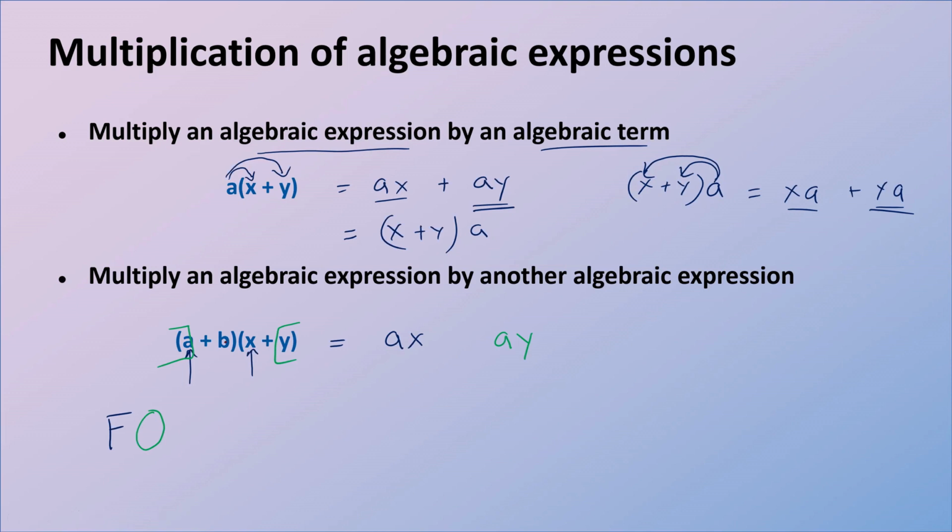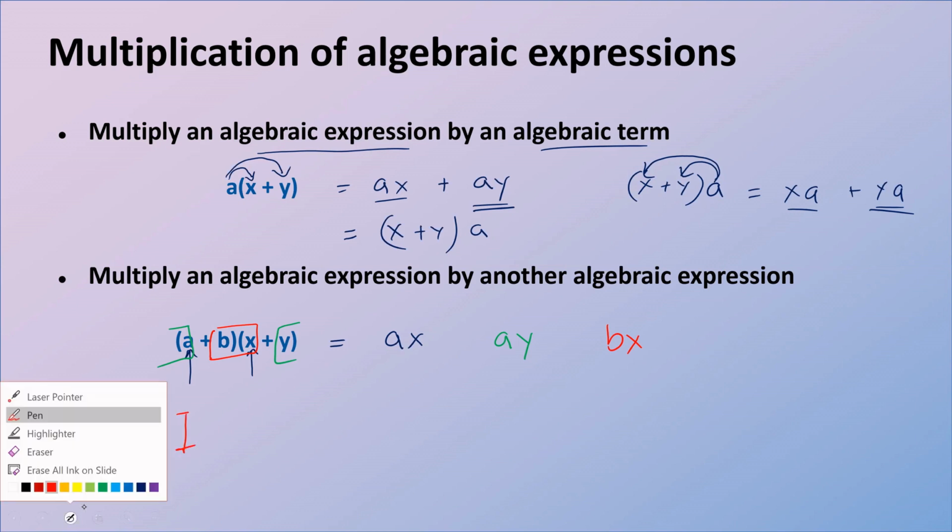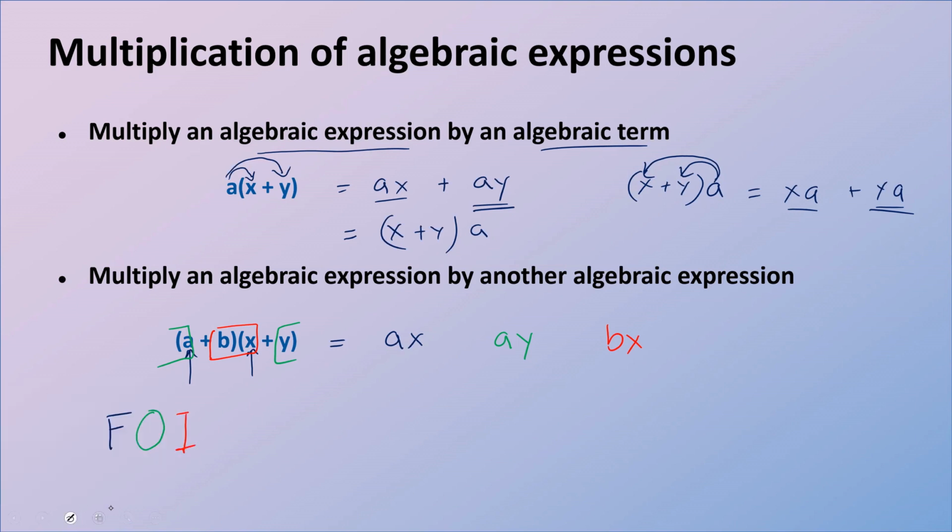And next, the inner. B and x are inner. So B times x. That's the inner part. And finally, the last. I have B in the first expression and y in the second expression. The last. So B times y. And I have to add all of these terms together.